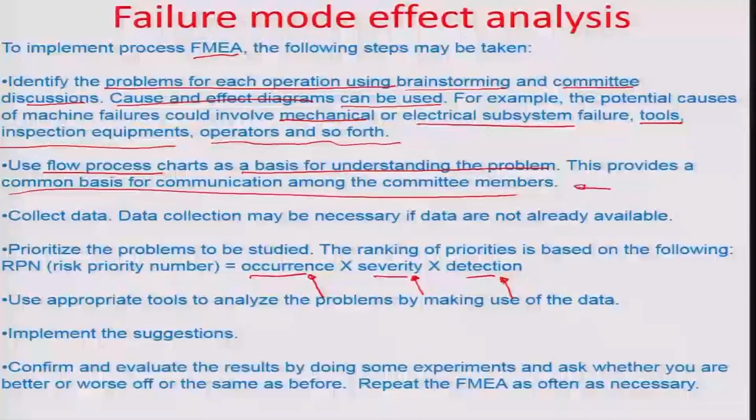So, that also can be rated in terms of some 1 to 10 numbers, and then we generate something which is a product of this tuple, that is occurrence, severity, detection multiplied with each other, and we call it a risk priority number. So, this is an index number which reflects your judgment of a certain process and your ability to judge things in terms of priorities of failures, occurrences of failures, severity of failures, detection of failures.